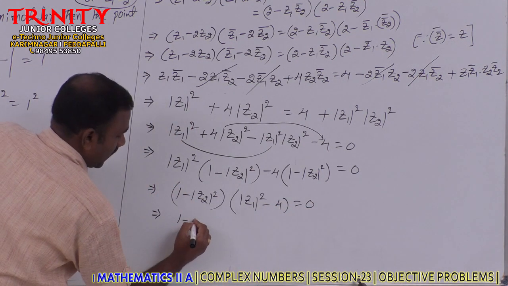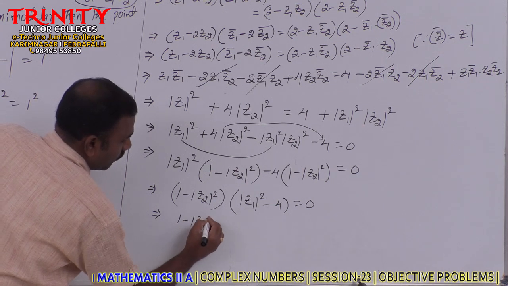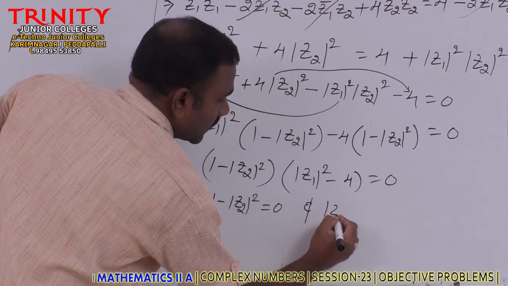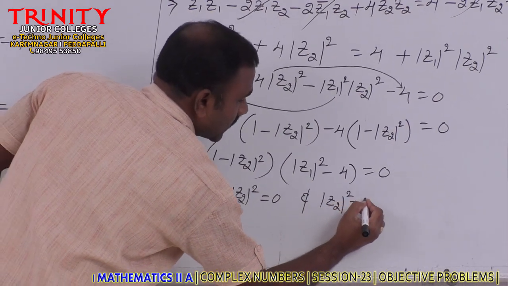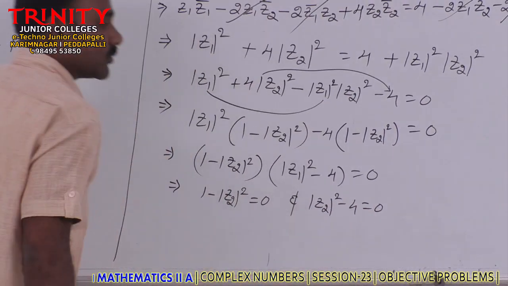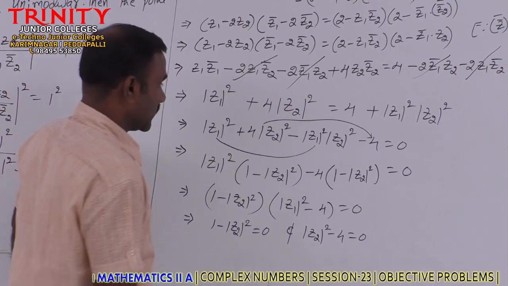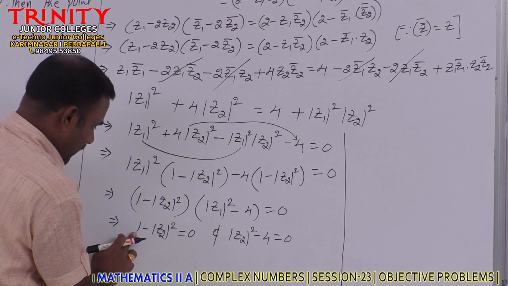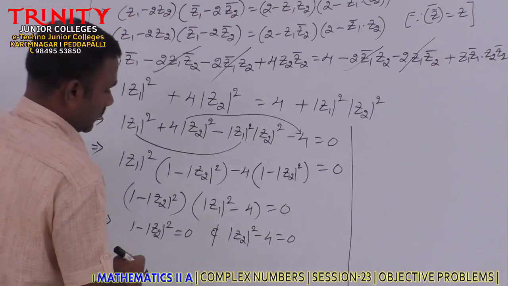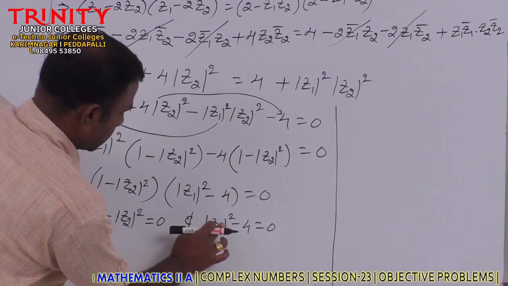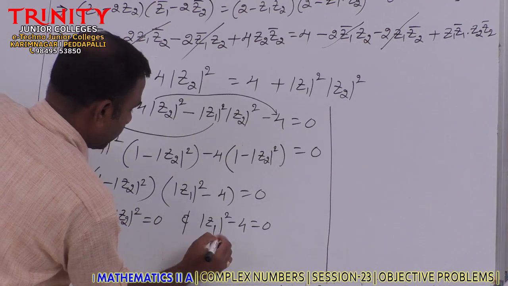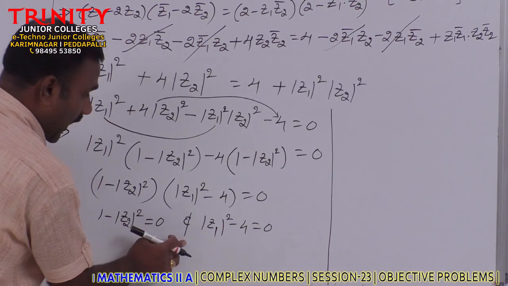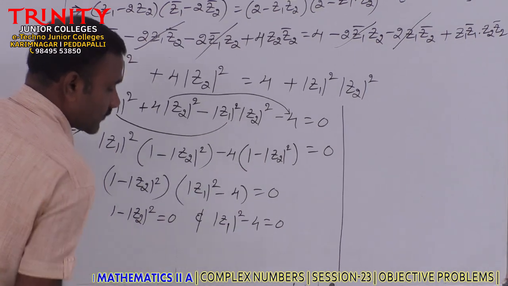Therefore 1 minus mod Z2 square is equal to 0 and mod Z1 square minus 4 is equal to 0. These are the two conditions we got.